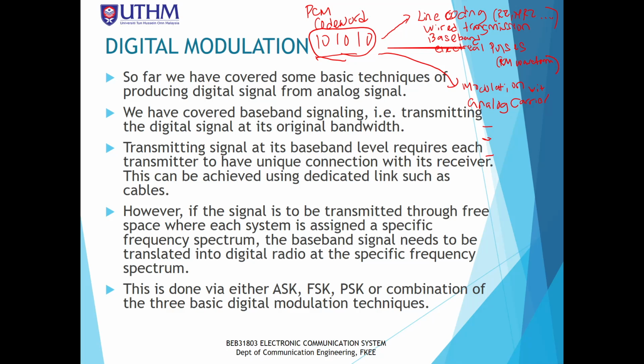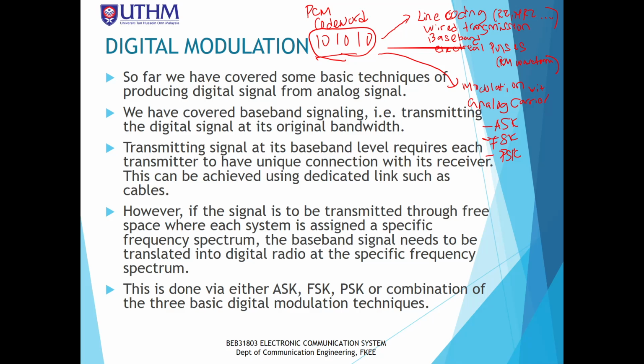If the amplitude of the carrier change in accordance with the amplitude of the input, that means dia akan menghasilkan ASK, amplitude shift keying. Okay, if the frequency of the carrier change during the modulation process, so it is called FSK, frequency shift keying. And if the phase of the carrier change during the modulation process, the output going to call as the PSK signal, phase shift keying.